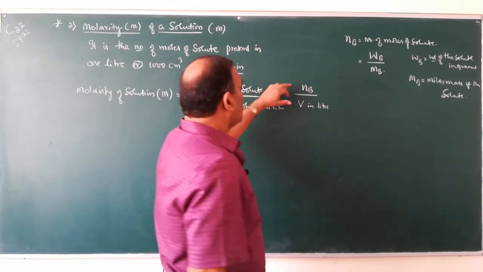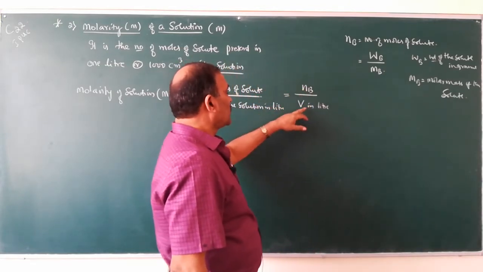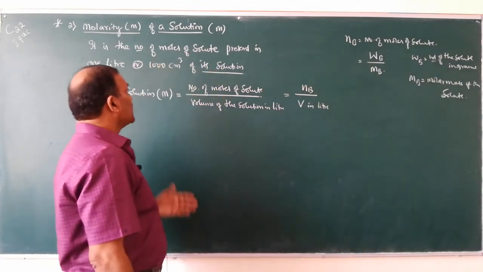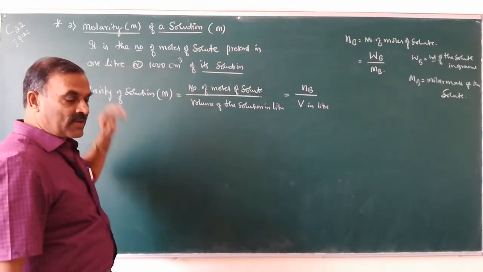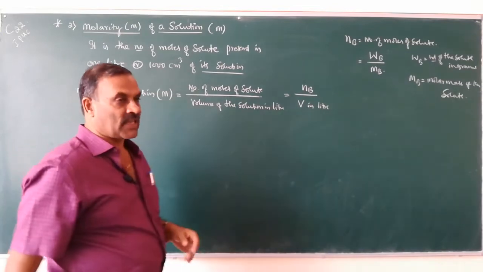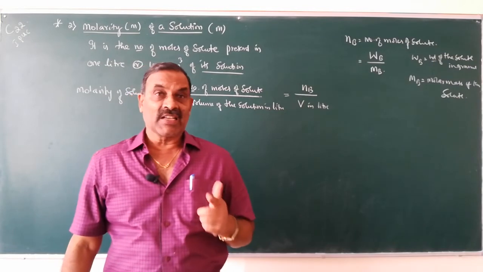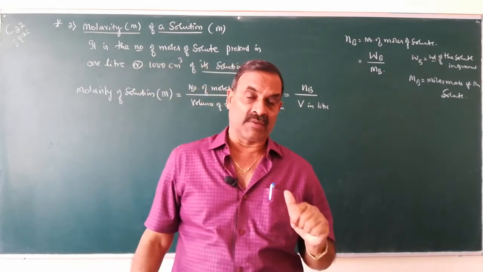So number of moles of solute in 1 liter of its solution is called molarity. This is very important. Define molarity: it is the number of moles of solute in 1 liter of its solution.